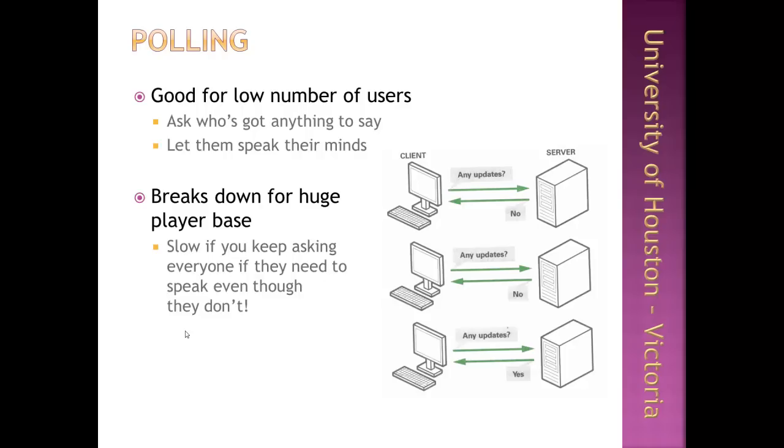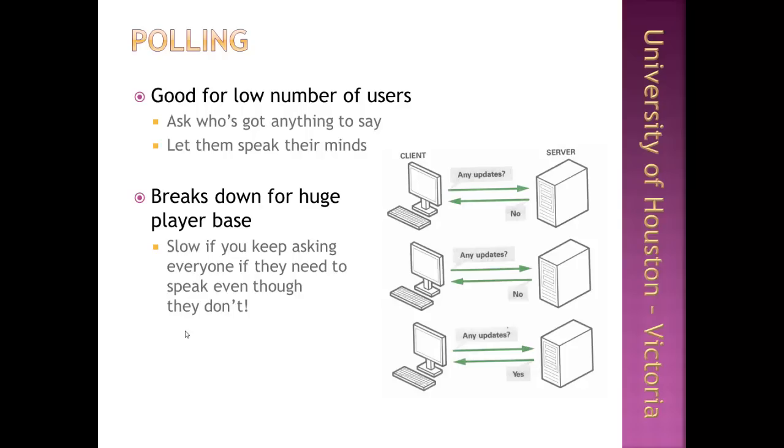For example, let's say that you have a chat room. A client can make a request to the server on a timed interval to check for updates. For example, the client in our chat room sits there and every once in a while polls the server, for example, 2 times a second to check for updates. If there is any update from the server, then it maintains and updates its status.